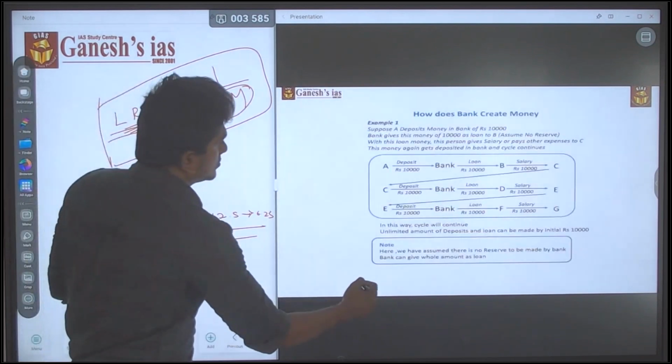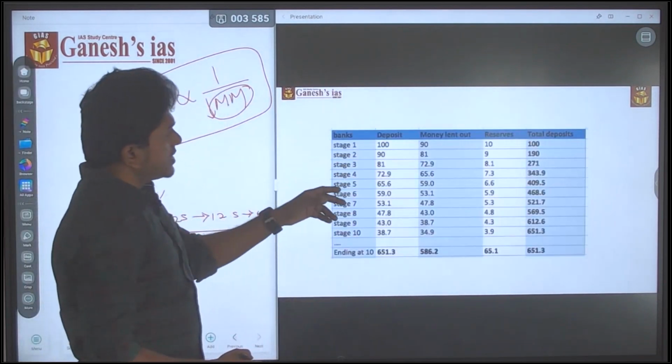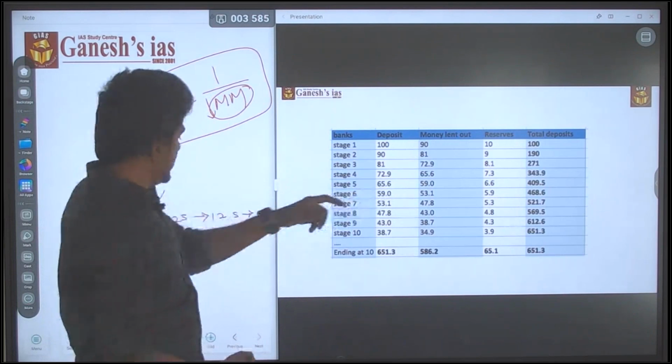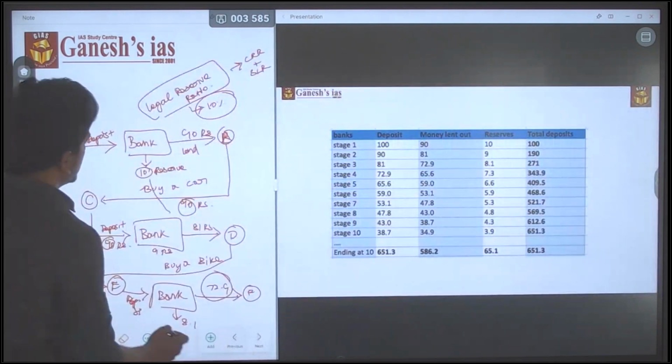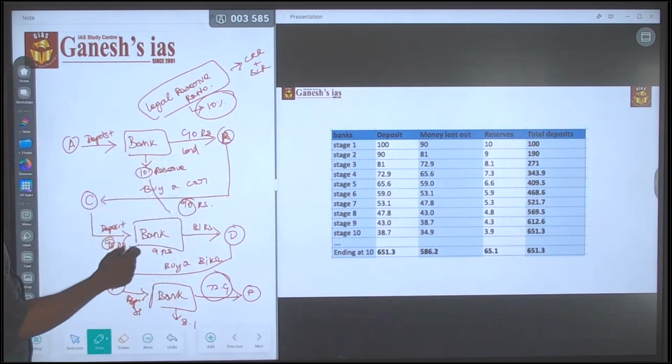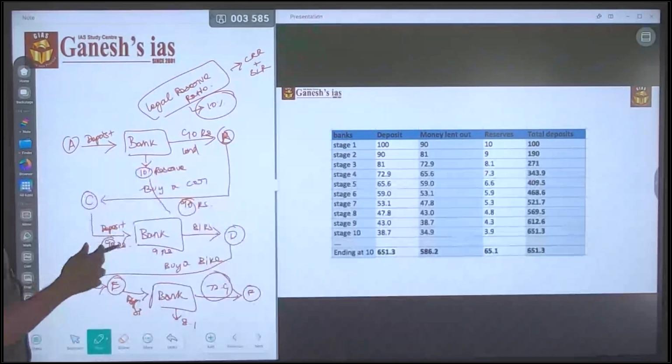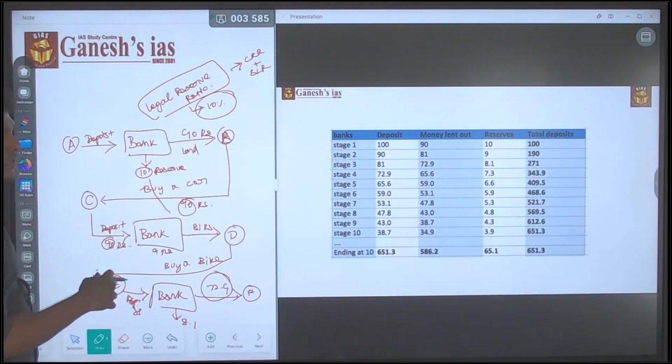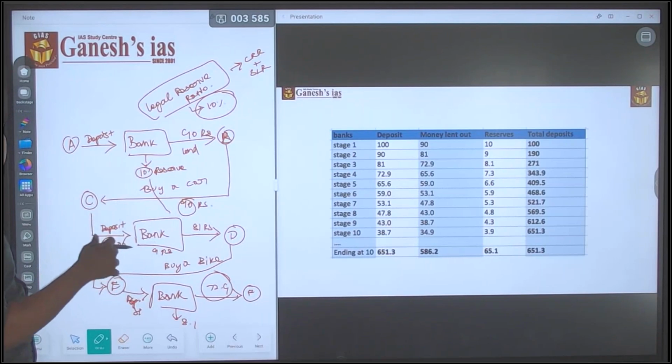See, the money is actually getting into the bank, and by that only it is multiplied. So it is not about the population, it is all about the banking habit. If there is a huge growth in the banking habit, that will lead to an increase in money multiplication.